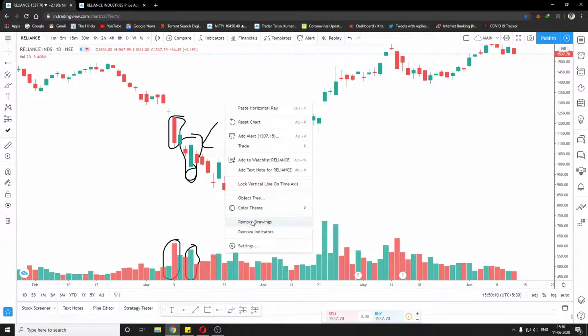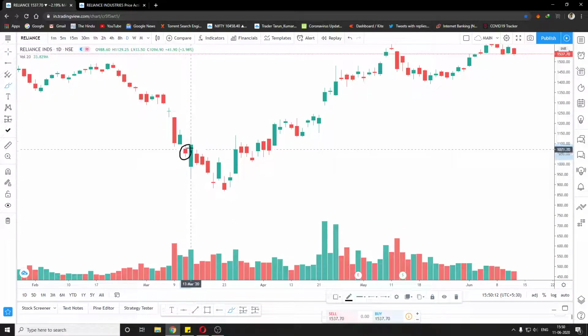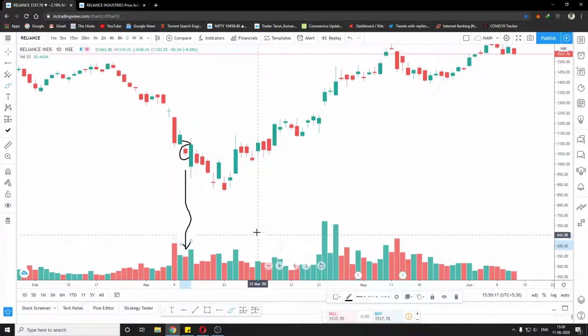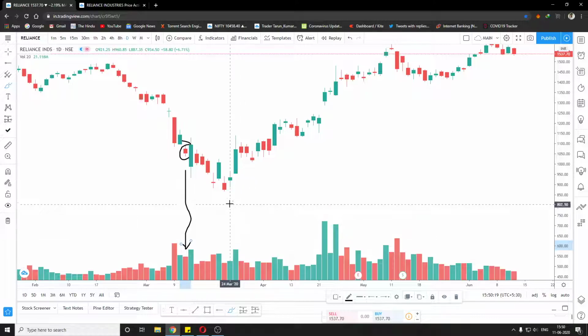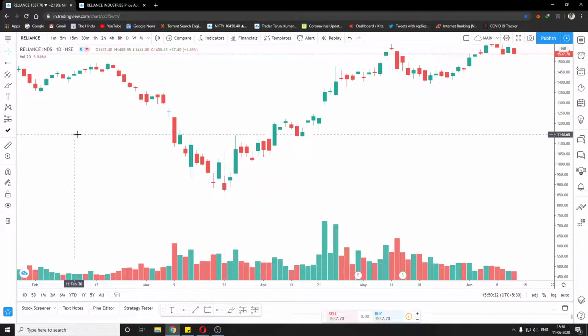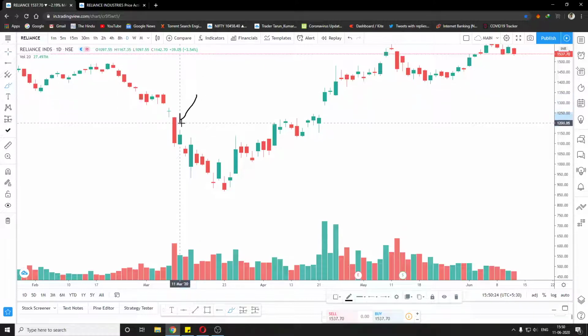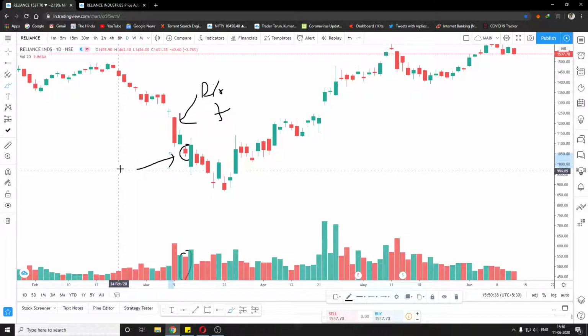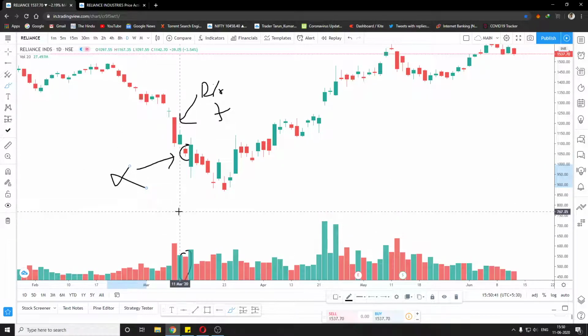Actually, there is a sign given in this candle as well: the spread is so small, still the volume is big. So actually, the selling is not happening much. If we compare it to this candle, there was a 12% fall. And if we compare it with this candle, it has a 7% fall, while the volume is almost similar. So there is something wrong, because if the selling was actually present, we'd have a big spread candle.